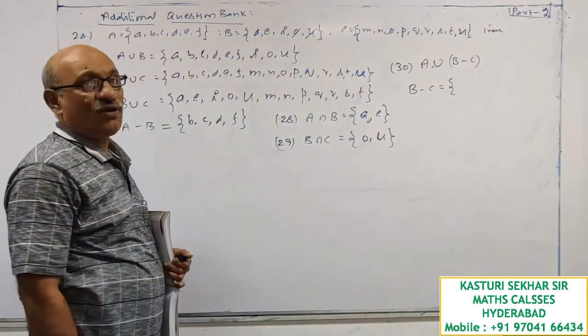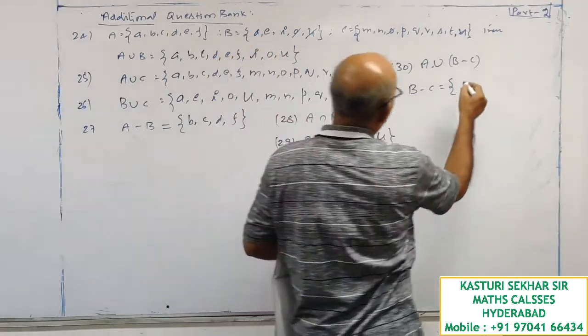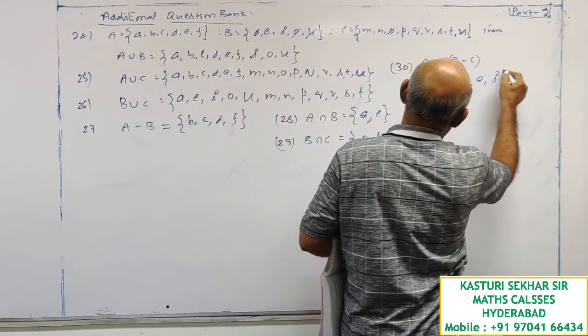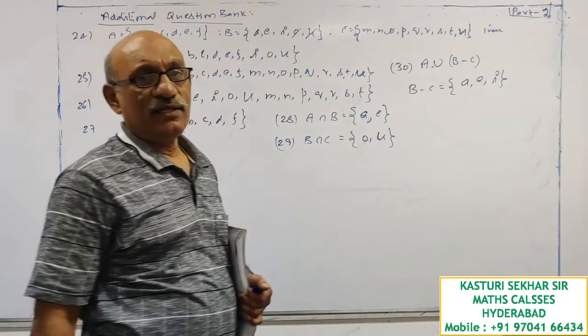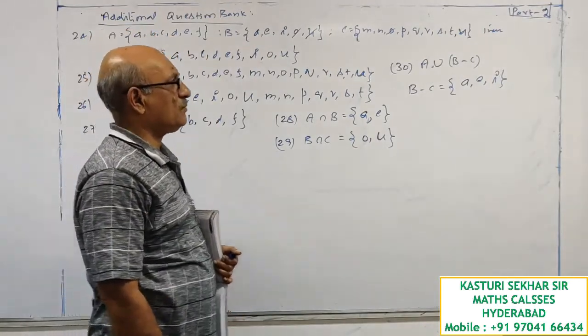Now which elements are left over in B? a, e, i. These are the three elements which are left over.